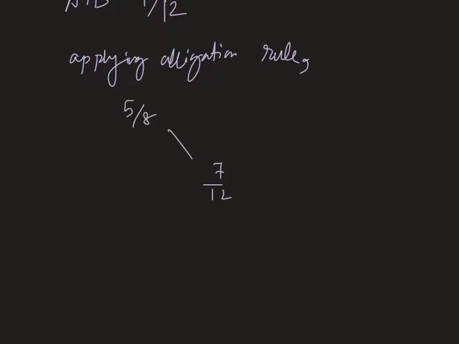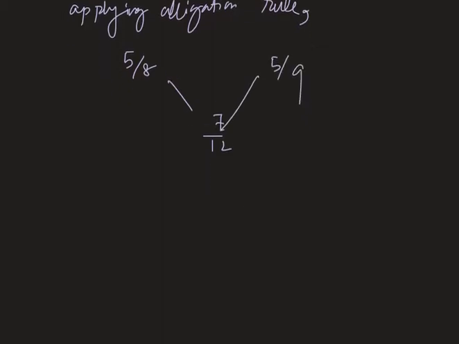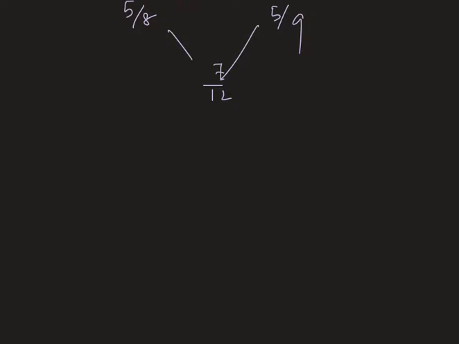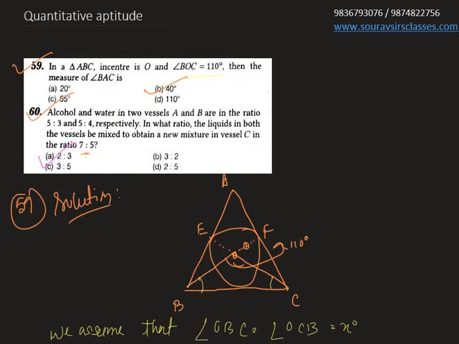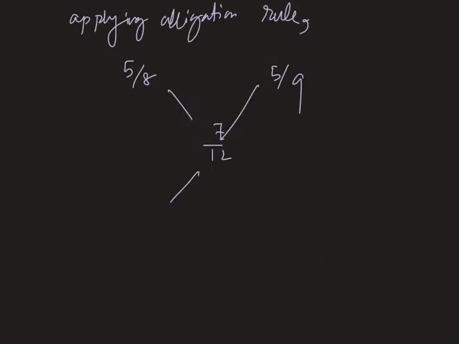Here we have the amount of alcohol from vessel A and the amount of alcohol from vessel B. Therefore, in the new mixture, we have the fraction of alcohol as 7/12 minus 5/9, which results in 1/36, and the amount of water is 5/8 minus 7/12, which results in 1/24.